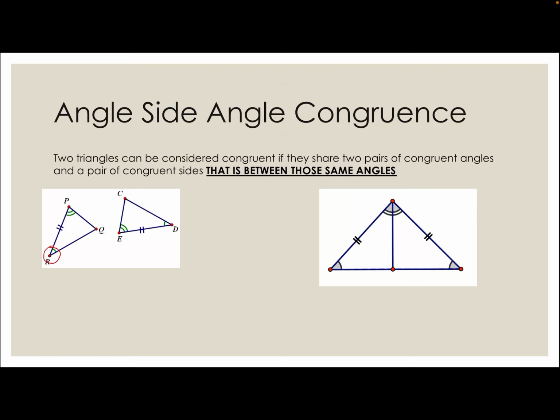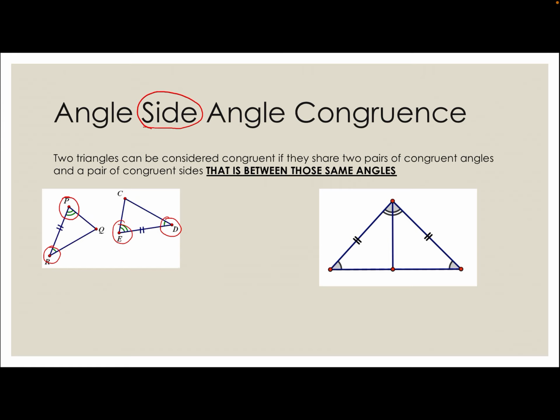So we can see that we have angle R marked congruent. We have angle P marked congruent to angle E. Angle R is congruent to angle D. And we can see that the marked side is between those two angles. That's what makes it angle side angle. The side is literally between the two angles.